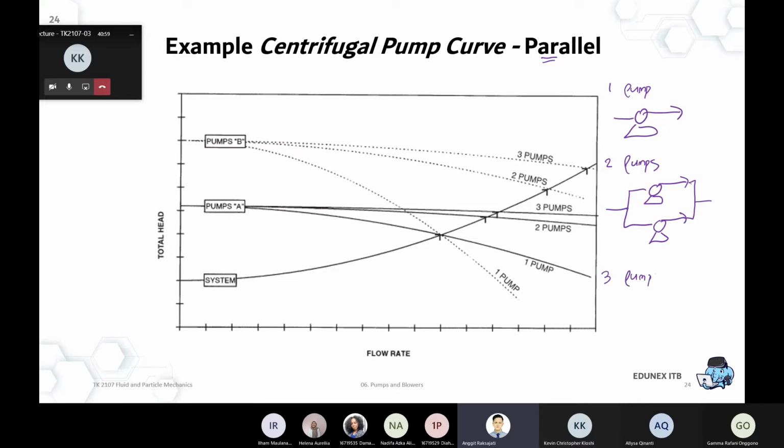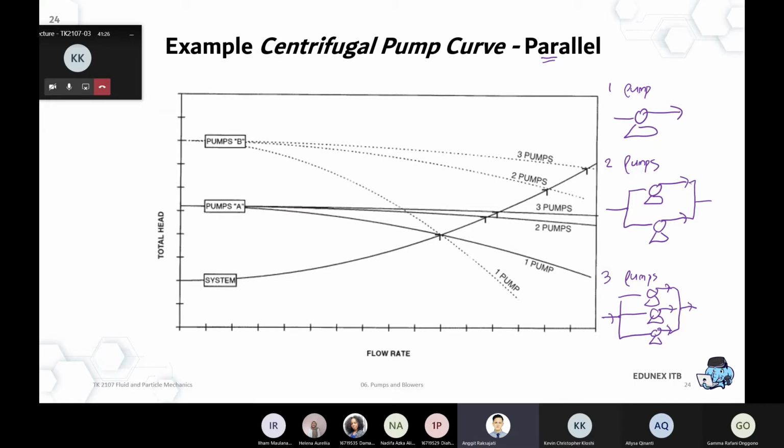And then you have three pumps. It will behave differently from the series configuration. This is what the real industrial application will look like. The process engineers will have to consider a lot of different variations and which one will match the purpose of this transfer.